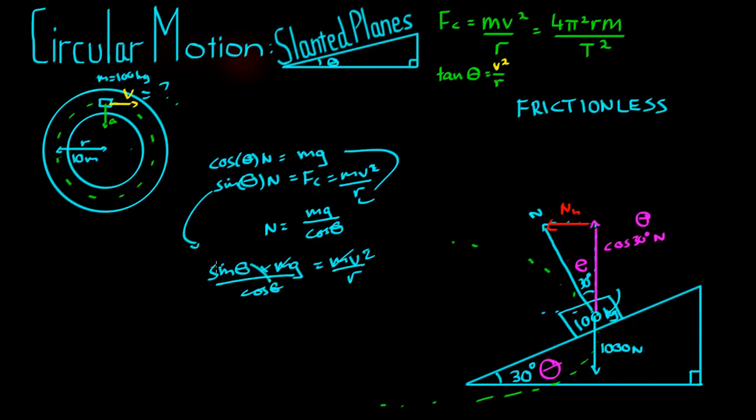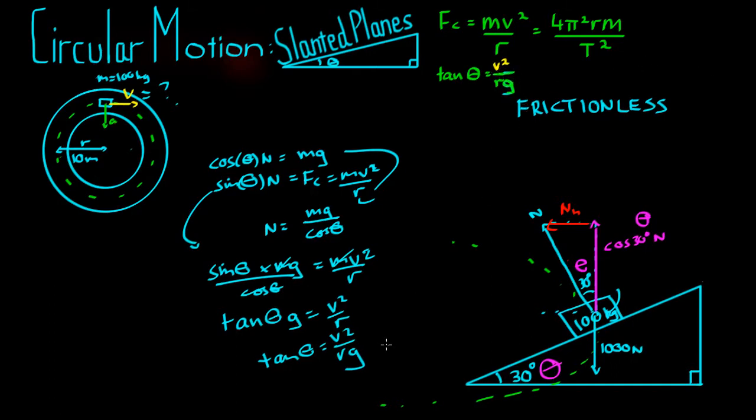And sine theta on cos theta is equal to tan theta. So tan theta times g is equal to v squared on r. Tan theta is equal to v squared on rg. Looks like I forgot to put that in my formula up there. There we go. So anyone who didn't watch the whole video better not be using that formula.